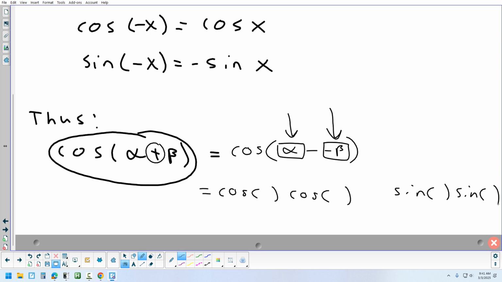Nick, what goes between them? Plus. Yep, I'm going to put a plus. Now fill in your two angles. Alpha is in that box. Negative beta is in that box. Right there. Okay. Now, we can't leave the identity with that negative.